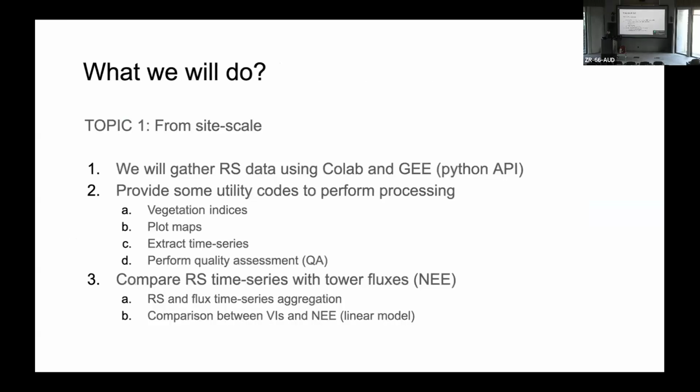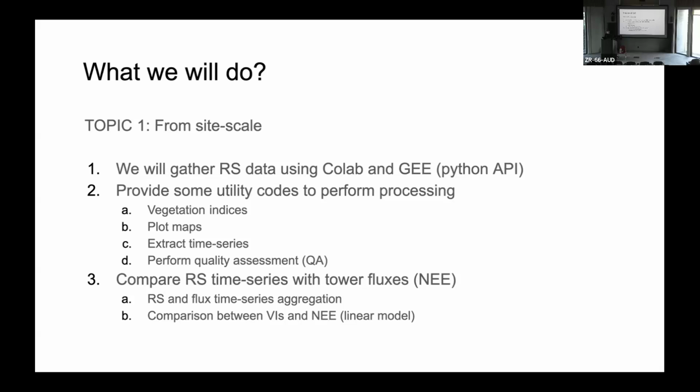So what we'll do today, topic one, which I will lead for the next hour with David: we will gather remote sensing data using Colab and Google Earth Engine. We will use the Python API to do that.